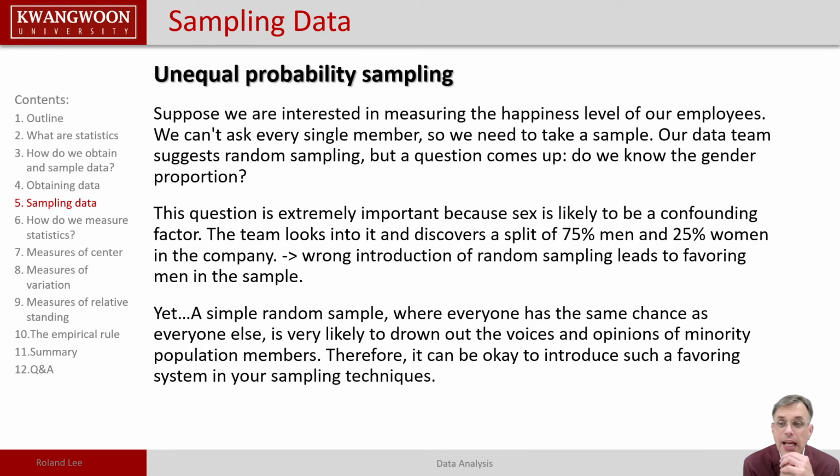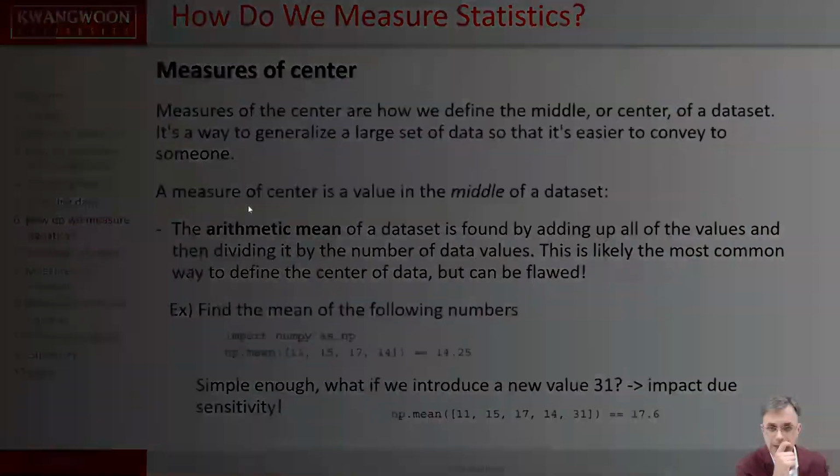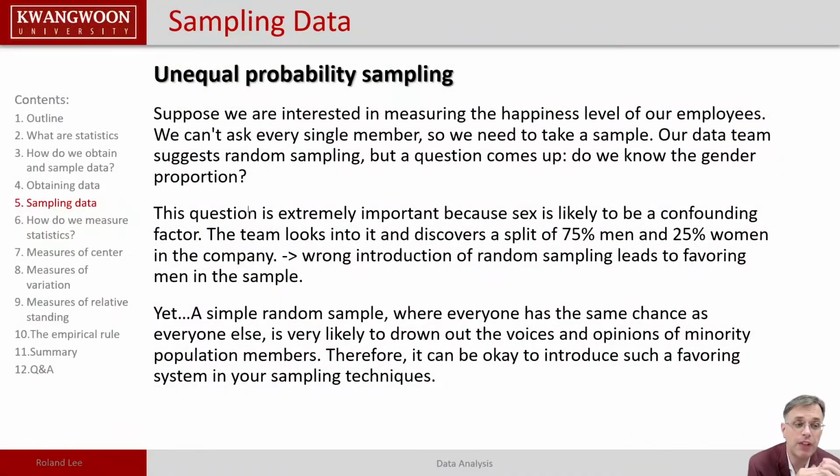Well, but at first glance, okay, let's go back. Introducing a favoring system in our random sampling seems like a bad idea.